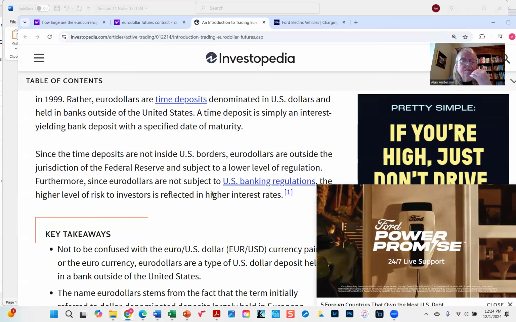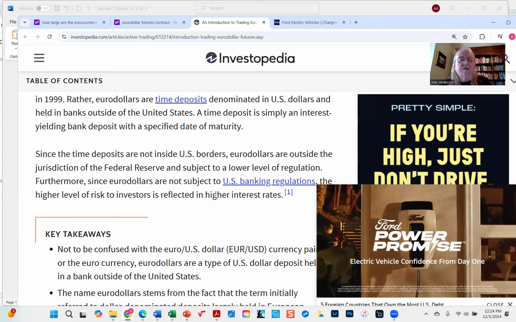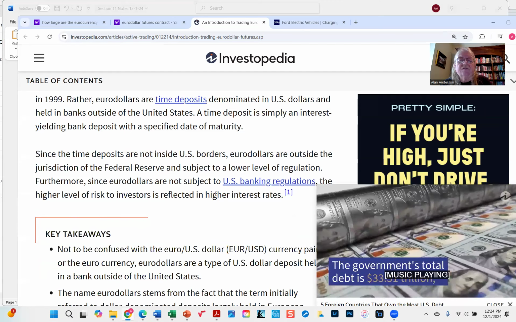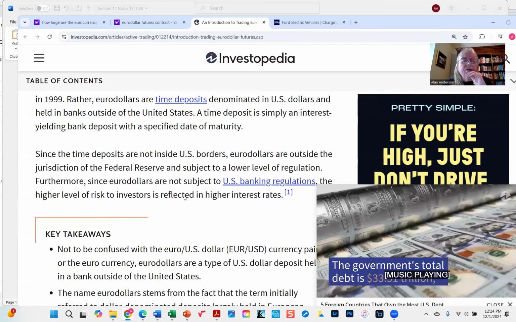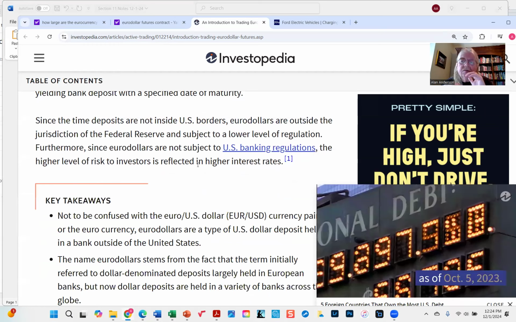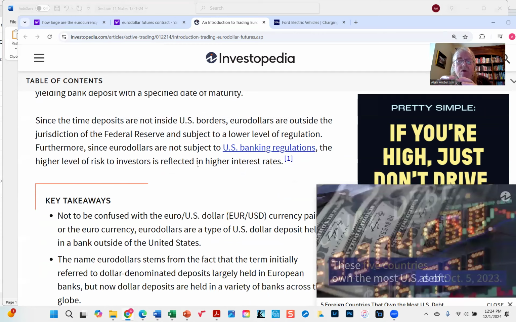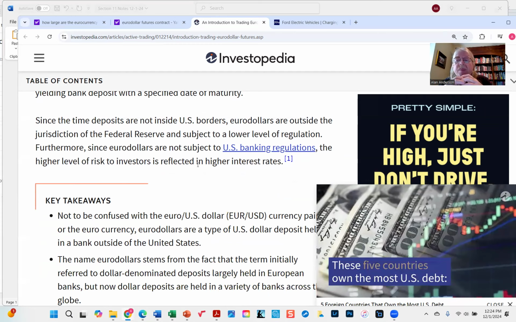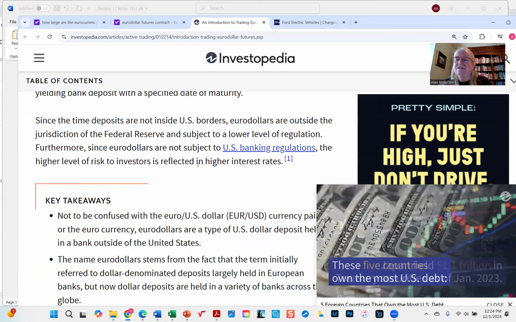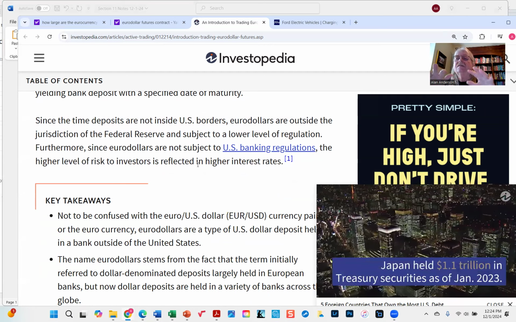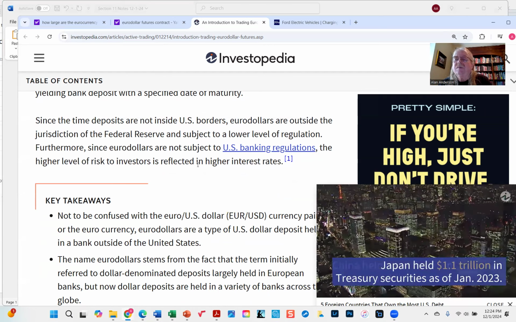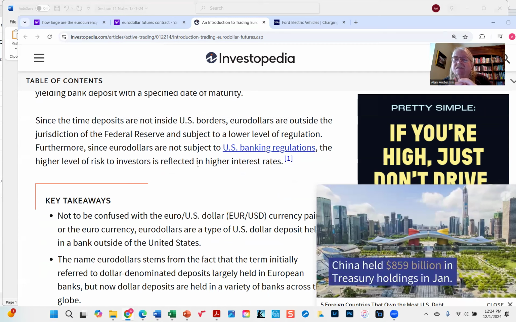So since time deposits are not held inside U.S. borders, they're outside the jurisdiction of the Federal Reserve. There's a lower level of regulation, and therefore, having said that, that does introduce a small amount of risk, but it's like the idea that a foreign government might suddenly confiscate your deposits.